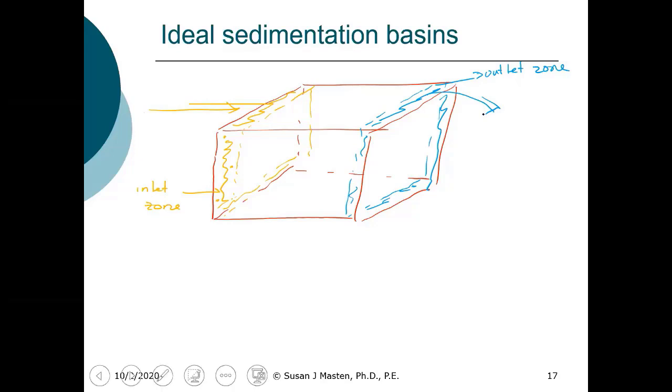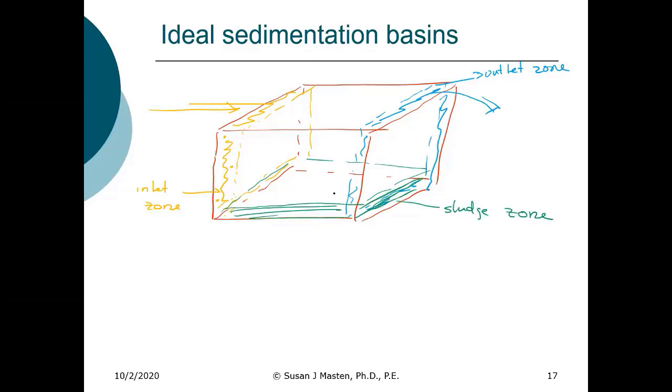And then the third zone we have is on the bottom of the tank, and that is our sludge zone. Particles settle, they hit the sludge zone, and they remain there. So we're assuming that no particles are re-entrained once they hit that sludge zone.